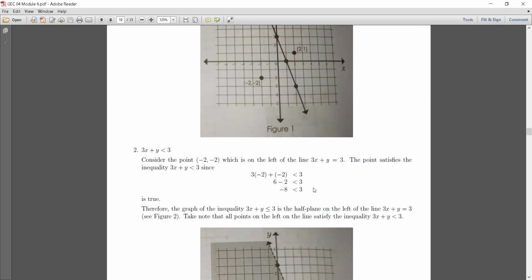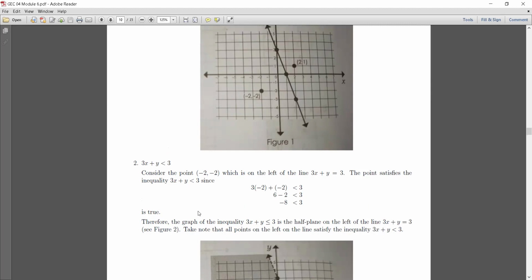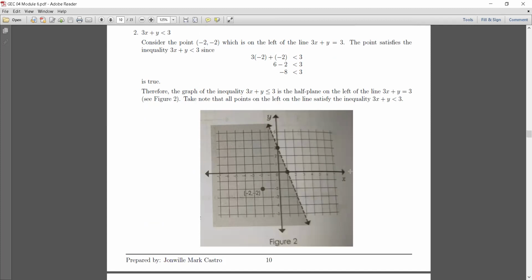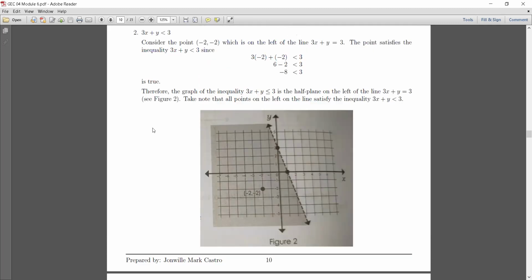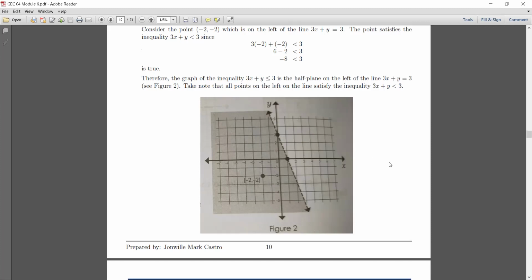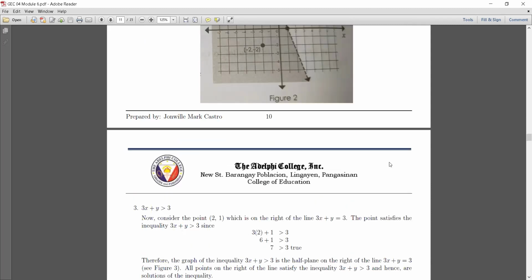So, -8 less than 3 is true. Ibig sabihin, kung true siya, then yung side kung nasaan yung point na ginamit natin, yun yung feasible region natin or yun yung i-shade natin. Okay? So, ibig sabihin, lahat nung nandun sa side na yon, since true yung inequality, true siya kahit aling point doon. Okay? Next.